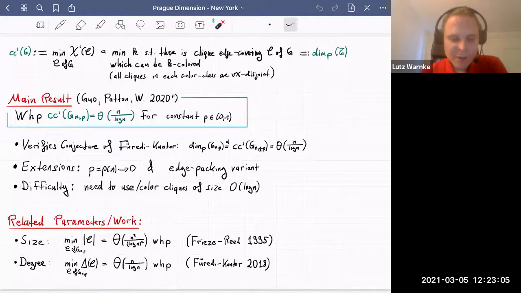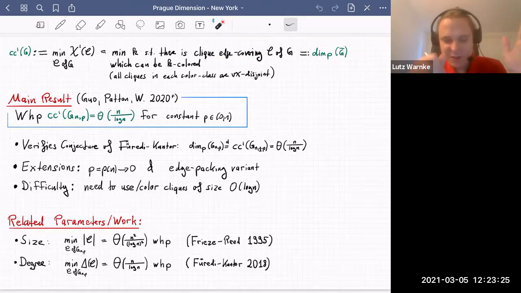I should say that our result here also reproves all of these results, again allowing for p tending to 0 and also for packing variants. In fact, what's interesting to me is that in some sense we find a clique edge covering which satisfies all these properties simultaneously.